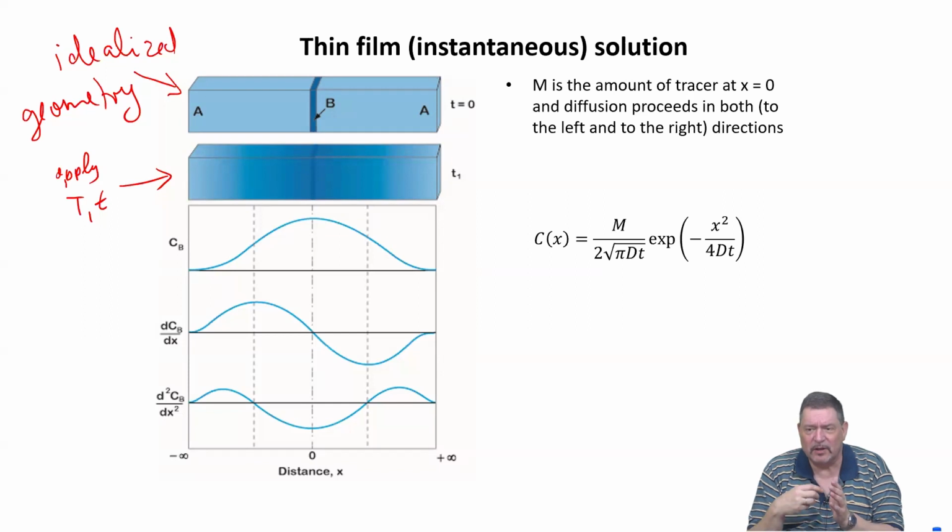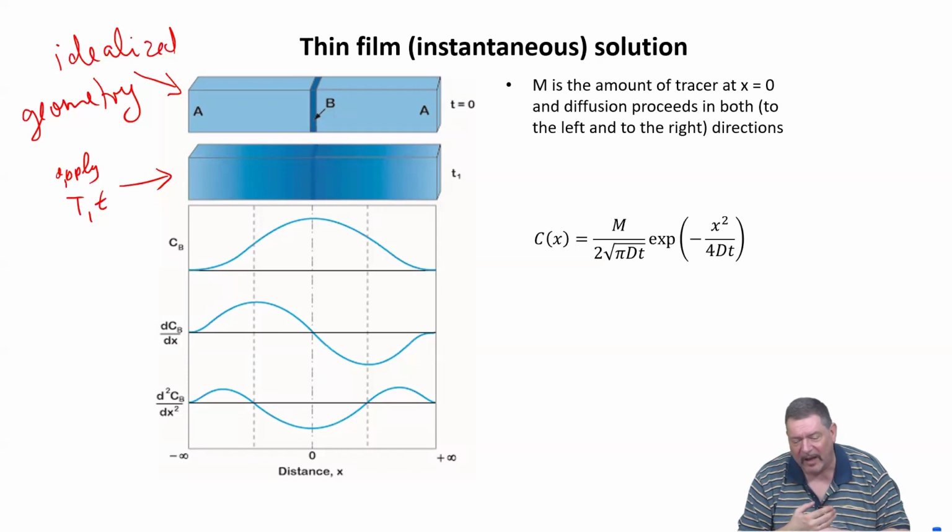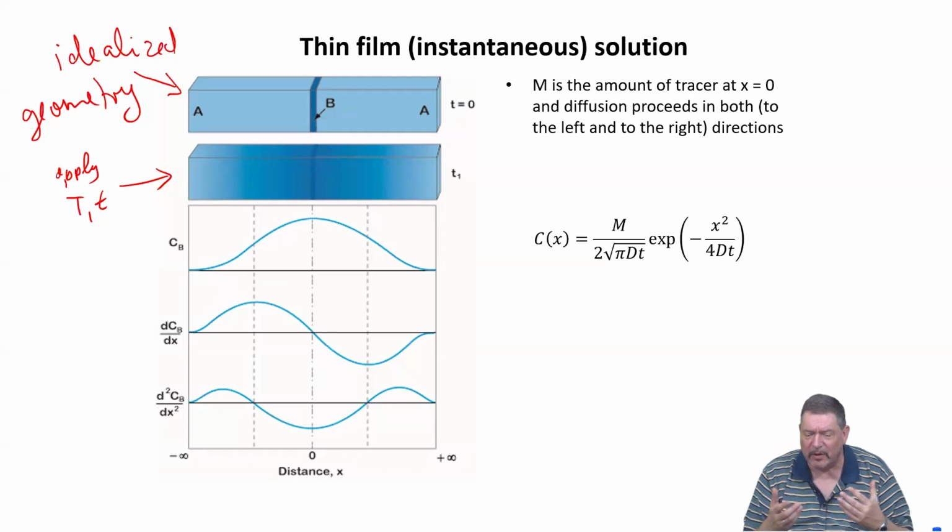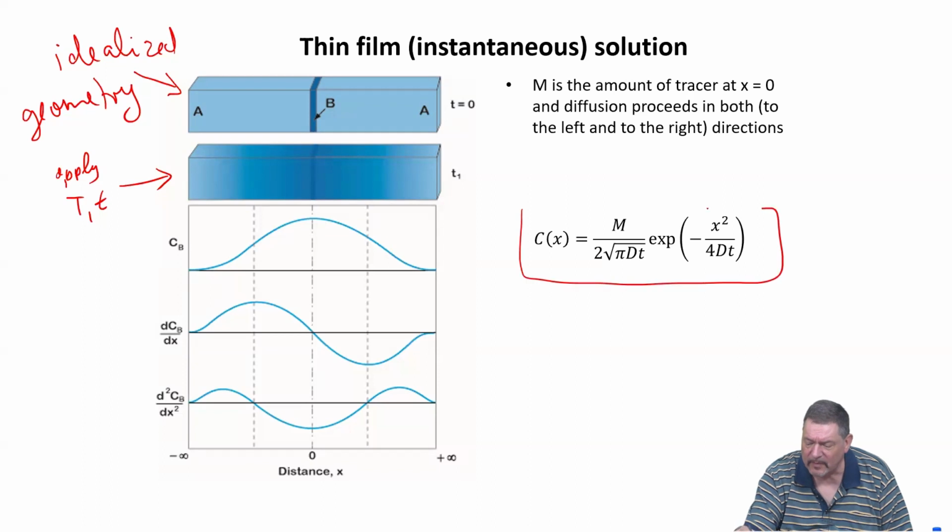So it's not that the composition stays constant in the middle between these two A blocks, but it's so few atoms of B that all of them diffuse, and the composition varies everywhere in the final volume A1 plus A2 plus original B. If these boundary conditions are taken into account, then the diffusion equation has this solution. That's called the Gaussian solution.